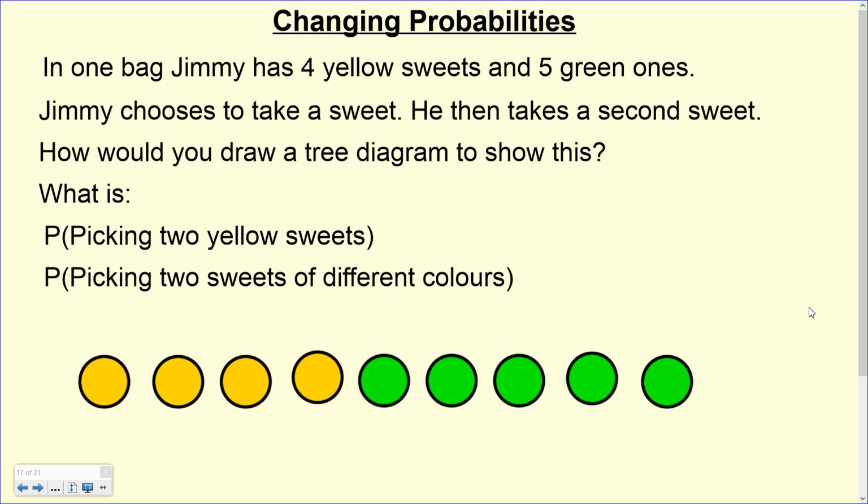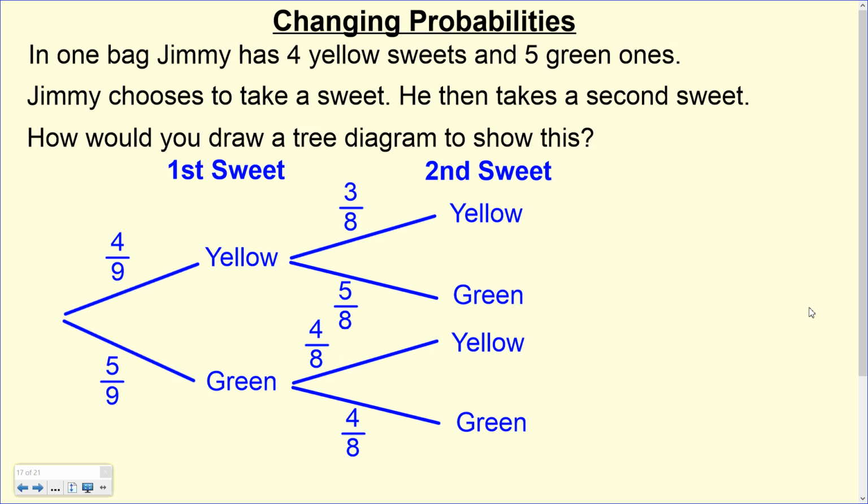Okay, we're going to look at how this works. So our tree diagram is very much the same: yellow and green, yellow, green, yellow, green. Our probabilities, 4 out of 9, that's fine, 5 out of 9, but the probabilities here have changed. It's no longer 4/9. We picked yellow first, and this one's 3/8. This is different. It's not the same probability. Now, the reason for that is he took a sweet.